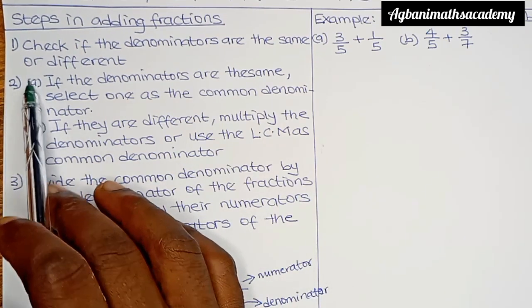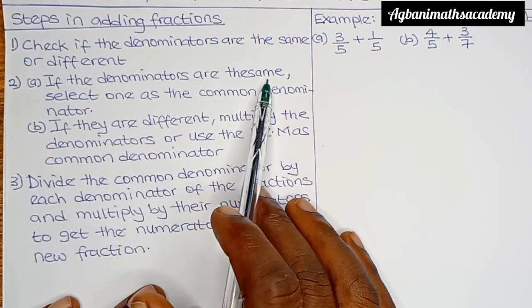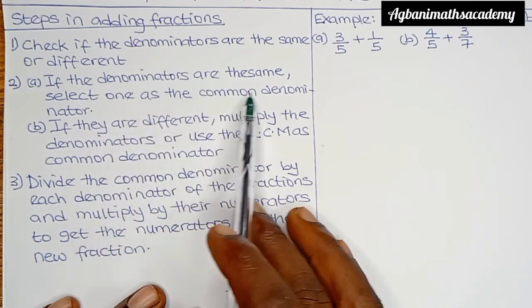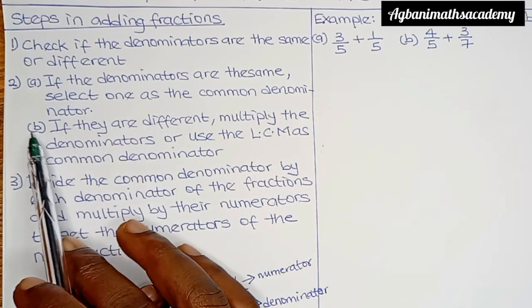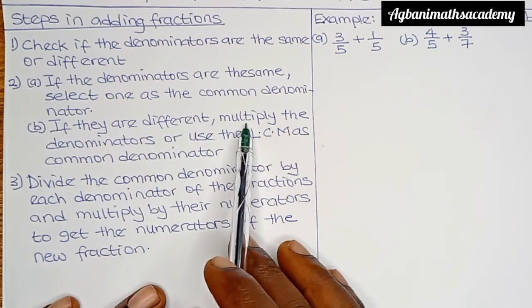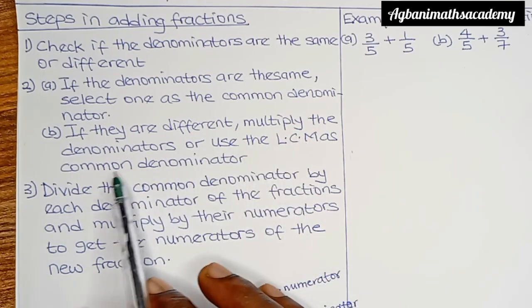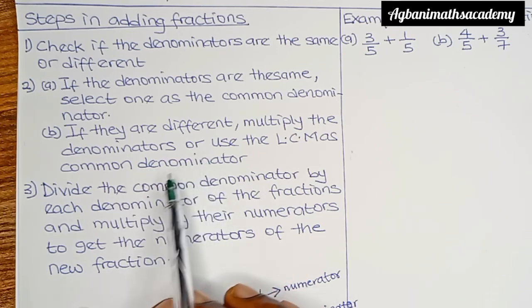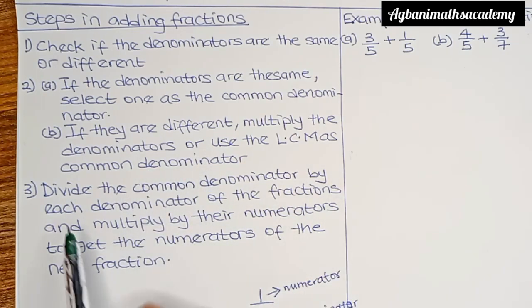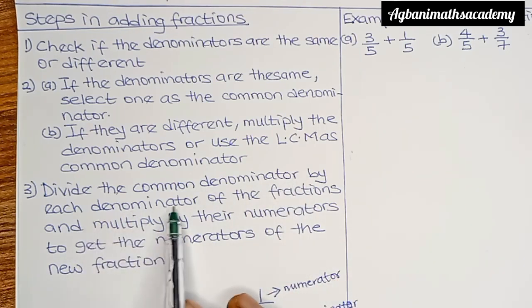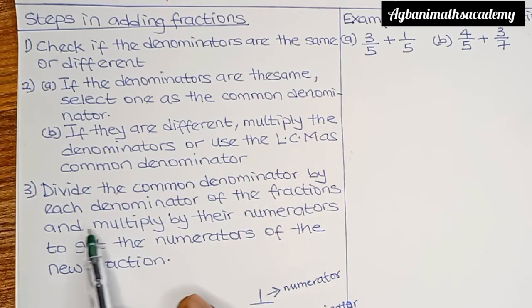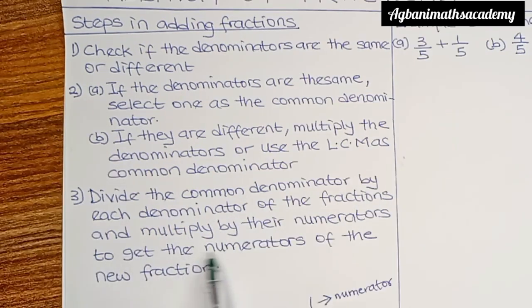Second step, A, if the denominators are the same, select one as the common denominator. B, if they are different, multiply the denominators or use the LCM as common denominator. Okay? And then the third step says, divide the common denominator by each denominator of the fractions and multiply by their numerator to get the numerators of the new fraction.